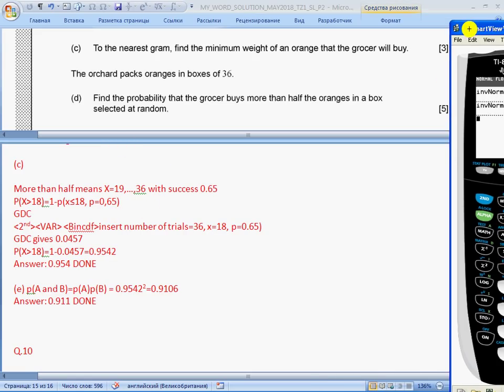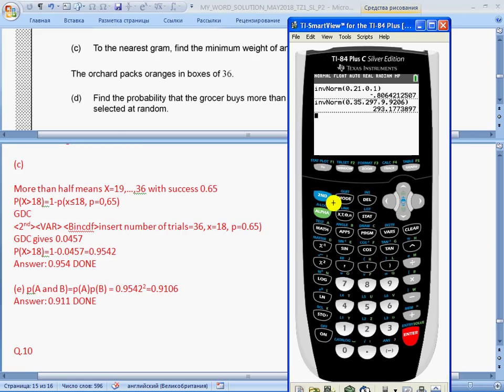So we use cumulative binomial distribution, second verse I guess. We go not up but we find binomial cumulative, enter, trials 36, probability 0.65, value 18.